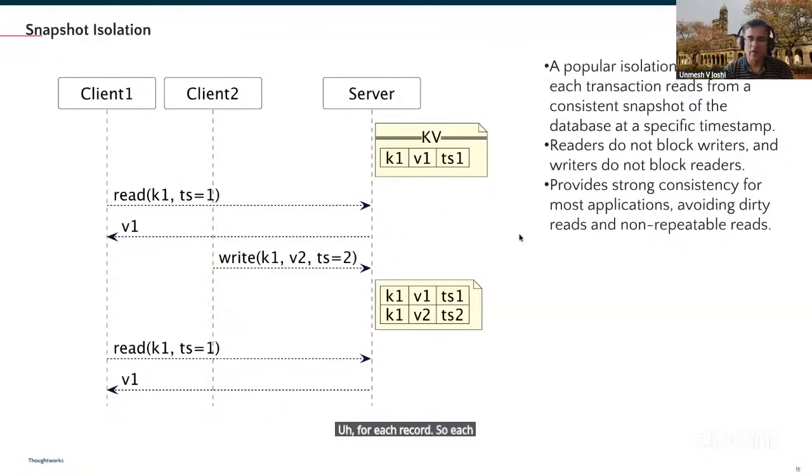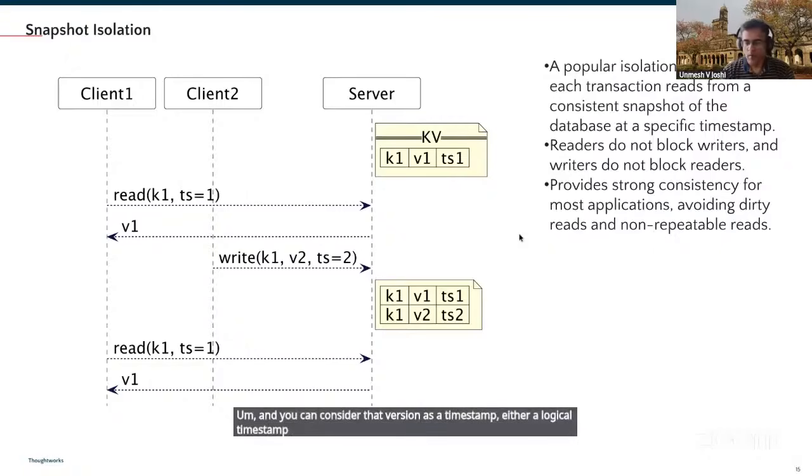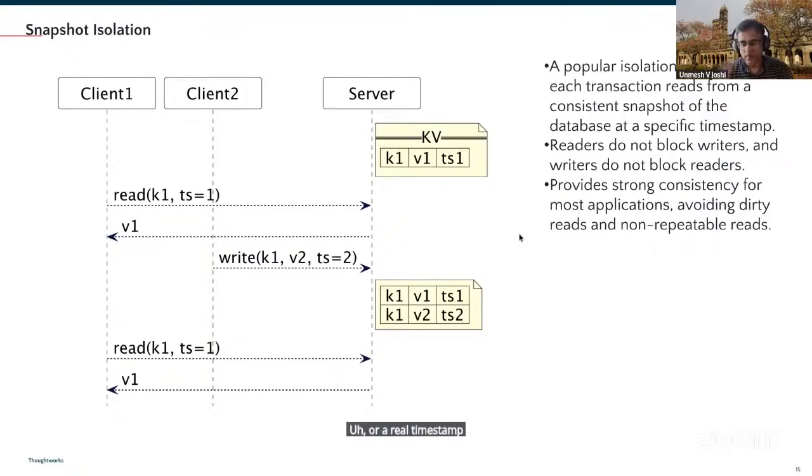So each record, when it's stored in the database or in the storage, is marked by a specific version. And you can consider that version as a timestamp, either a logical timestamp like a counter 1, 2, 3, 4, or a real timestamp, which is time of the day.